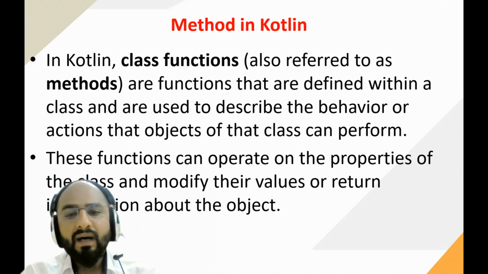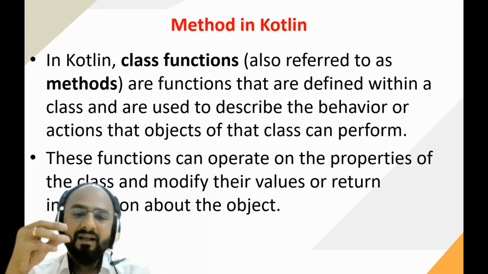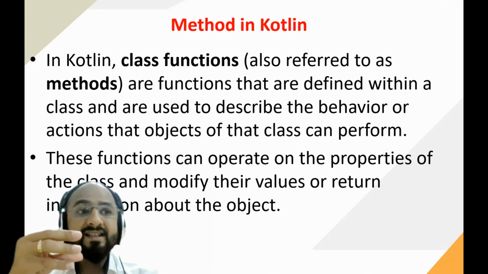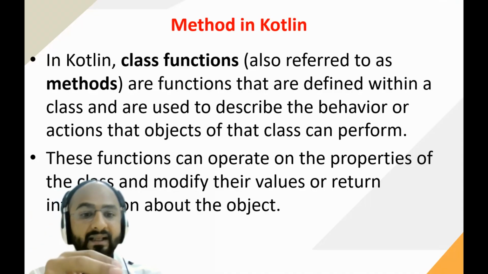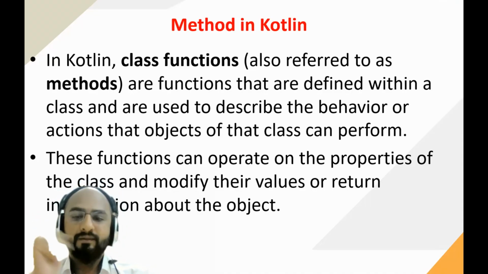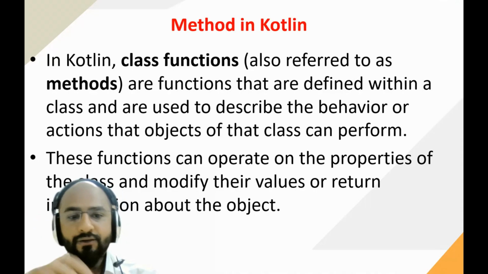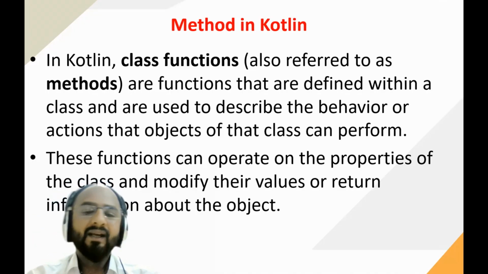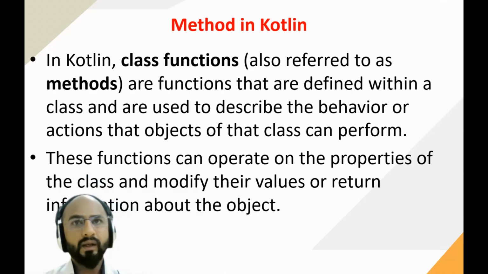So now you can understand that a class has properties, and if you want to change the value of a property, the method can be used. A method can be used to modify the value of that particular property, and it is also used to return some information from that particular object.